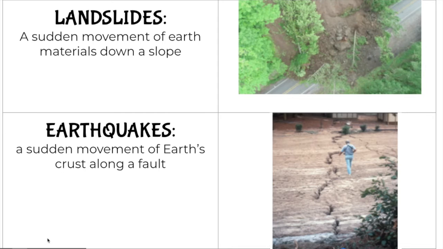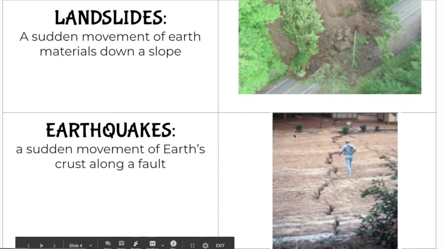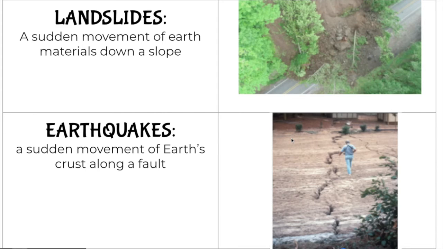When the earth shakes, it can break the top rock layer of the earth. It can cause cracks on the earth and the rocks and dirt and trees to move around. Earthquakes and landslides are examples of rapid changes that can alter how the surface of the earth looks.